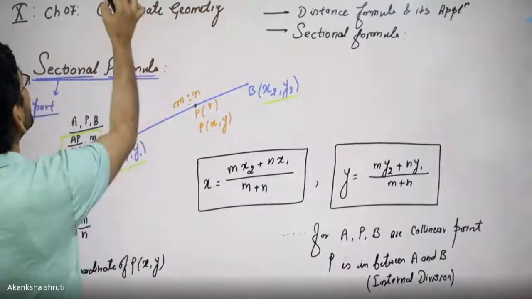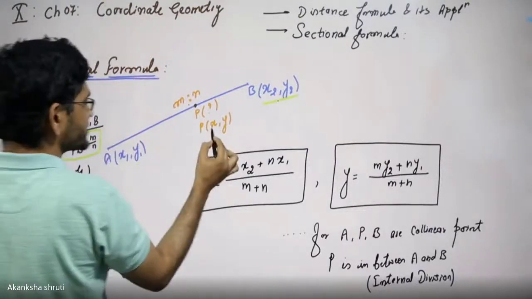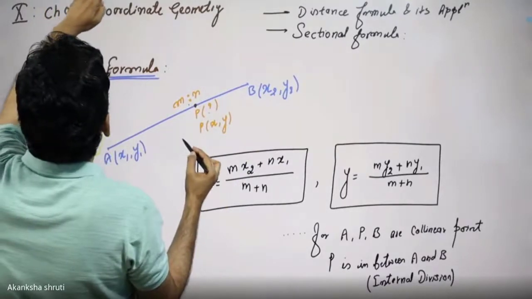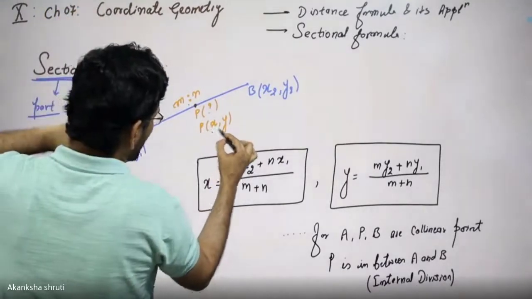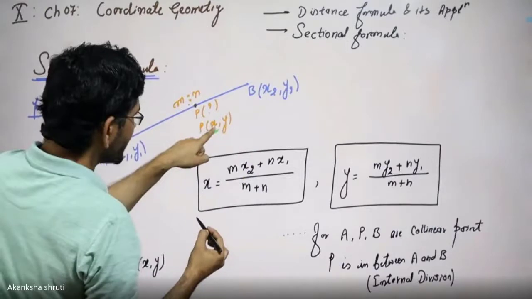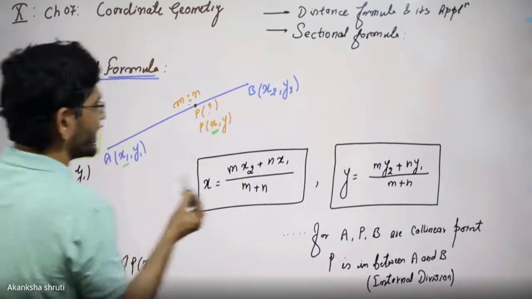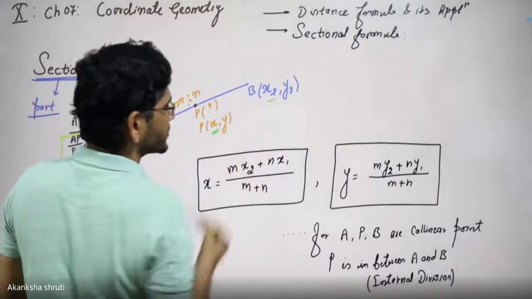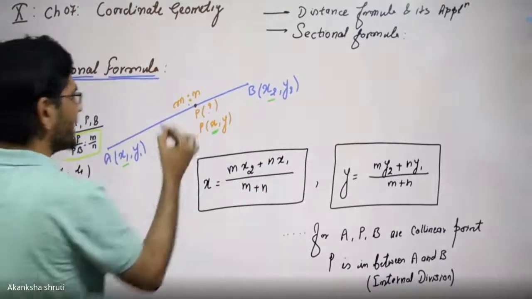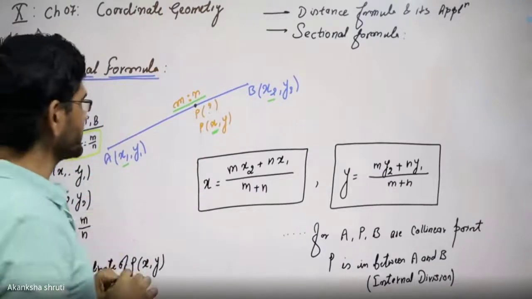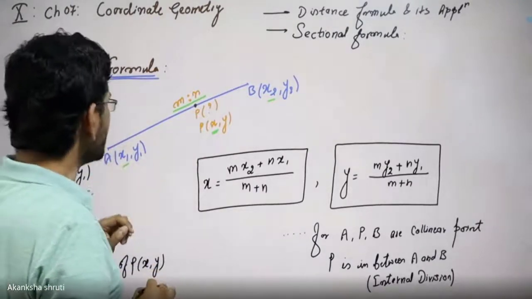Students, for writing the coordinate of this point P, let us consider the x coordinate. This x coordinate is related to the x coordinate of A, x coordinate of B and the ratio m to n. First thing we have to keep in mind. Then what is the relation?